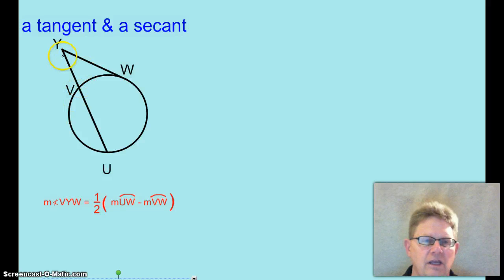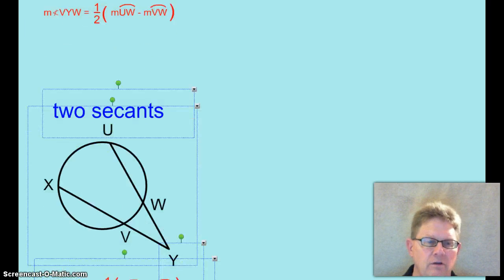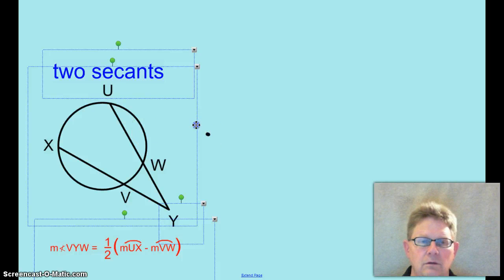A tangent and a secant. The measure of that angle is, take the bigger arc. From that, subtract the smaller arc. So the purple minus the black, subtract those two, and then multiply by 1/2. And then the other possible scenario is two secants.